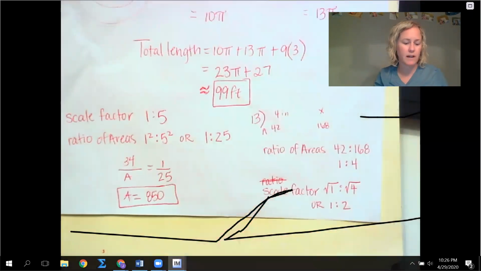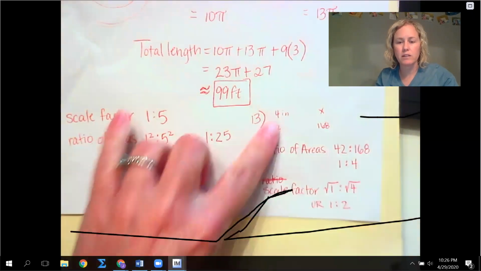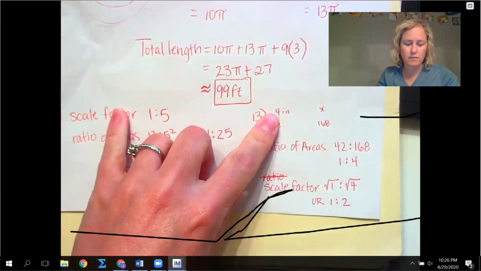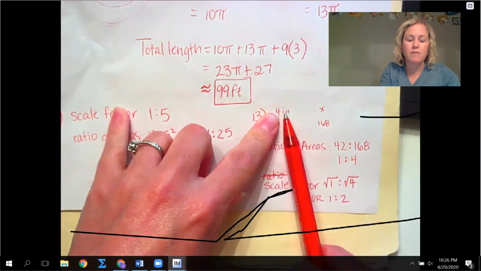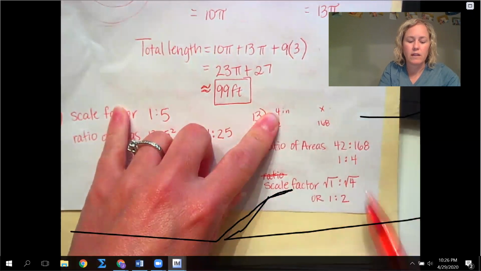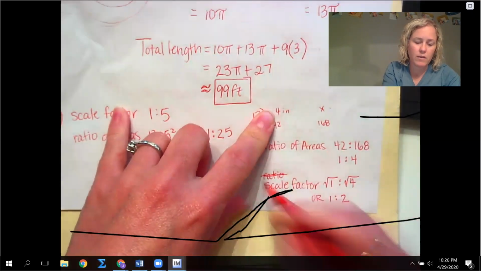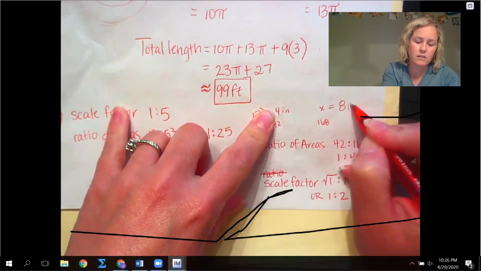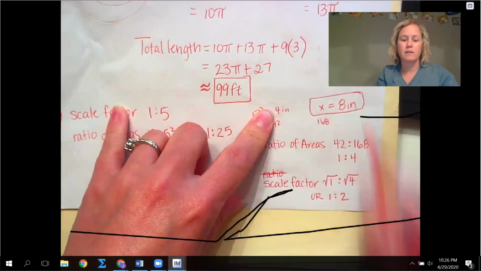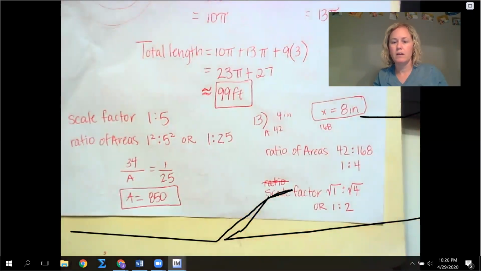That's our scale factor. So if the sides of the smaller shape were 4 inches, the sides of the bigger shape need to be in a 1 to 2 ratio. So the sides of the bigger shape would be 8 inches, because that puts the sides in a 1 to 2 ratio.